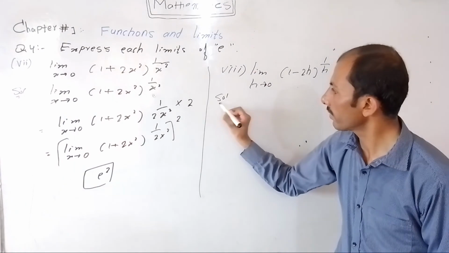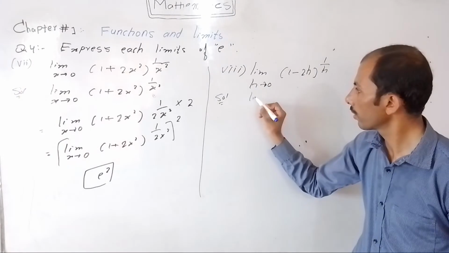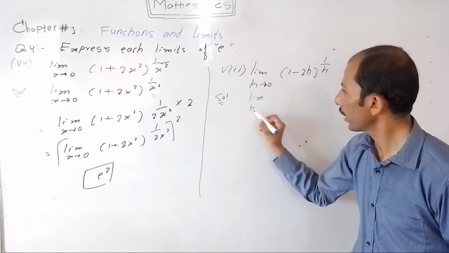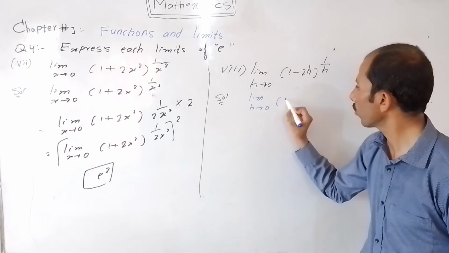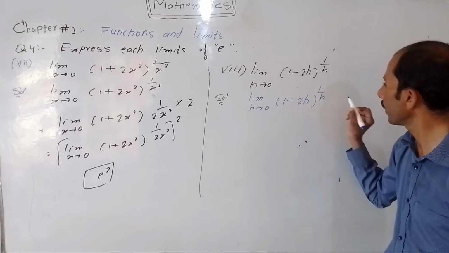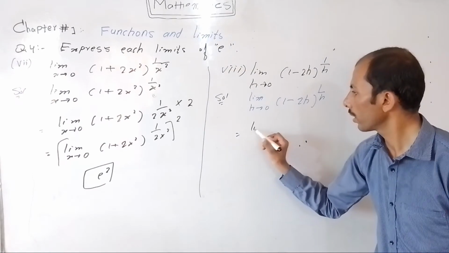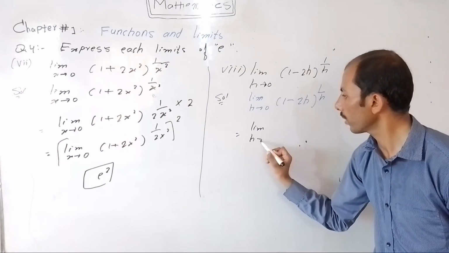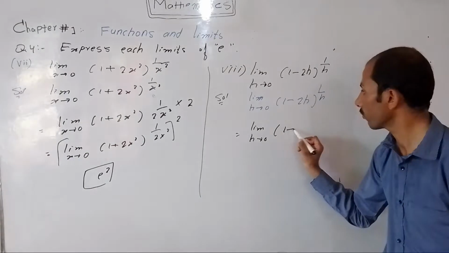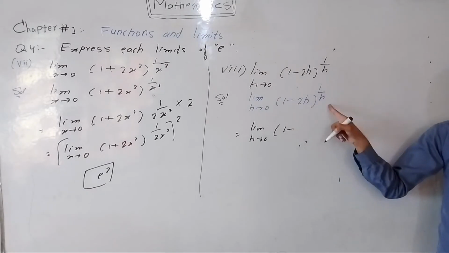Solution: first, as it is, limit h approaches 0 of (1 minus 2h) whole power 1 divide h is equal to limit h approaches 0 of 1 minus 2h, it means power 1 divide 2h.